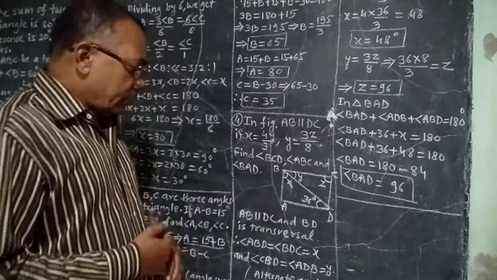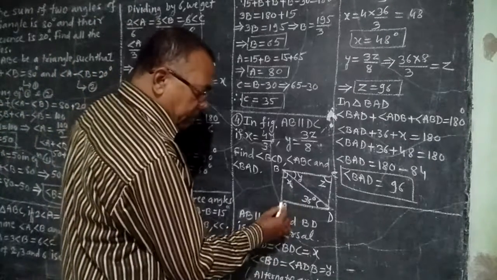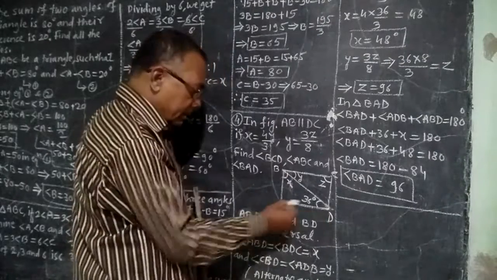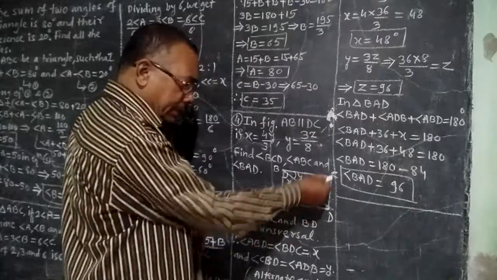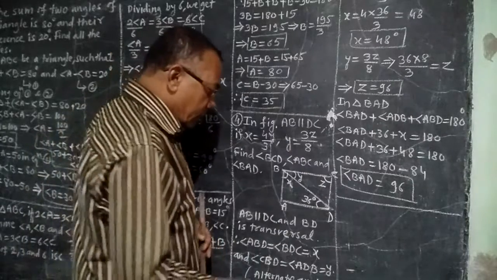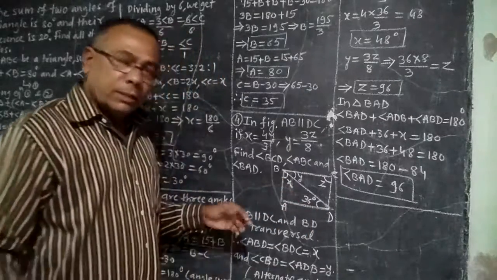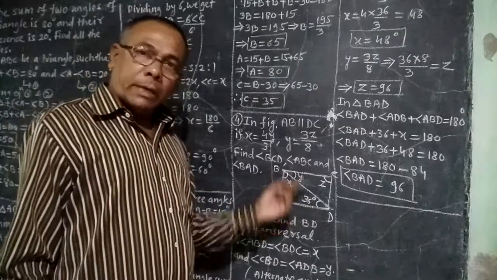Here it is given that it is a parallelogram, so BC and AD are parallel. Similarly AB and CD are also parallel. Now if we consider BD, though it is a diagonal, it is a transversal of two parallel lines.